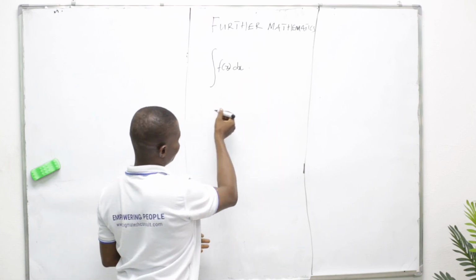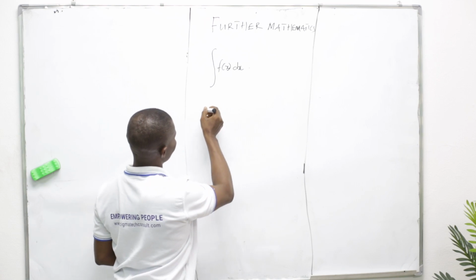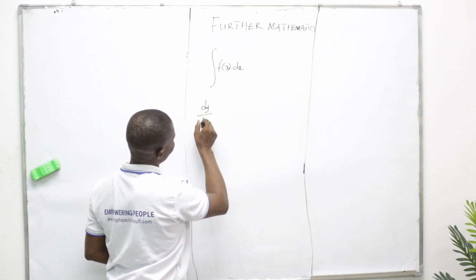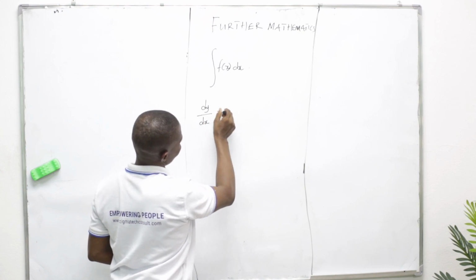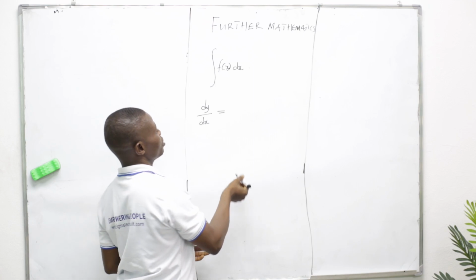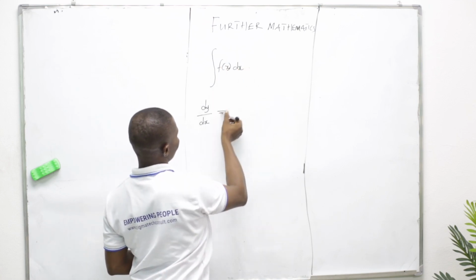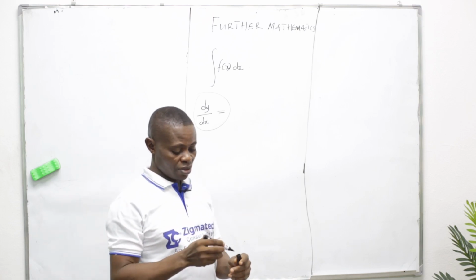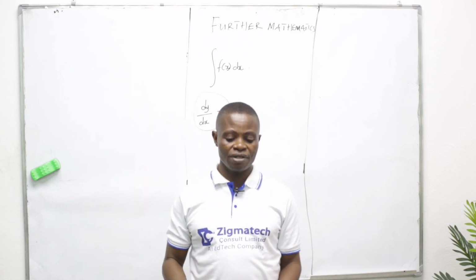But for the derivative function, which is differentiation, you know that dy over dx will give you your solution. This time around, we are thinking about the opposite of this particular differentiation, which is known as what? Integration, antiderivatives.